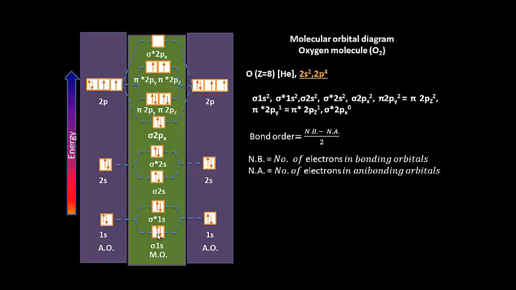There are 10 electrons in bonding, from sigma 1s, sigma 2s, sigma 2px, pi 2py and pi 2pz, and there are 6 electrons in antibonding, from sigma star 1s, sigma star 2s, pi star 2py and pi star 2pz. We have a bond order of 2, that is 10 minus 6 divided by 2. Thus, there is a double bond between the oxygen atoms in the oxygen molecule.